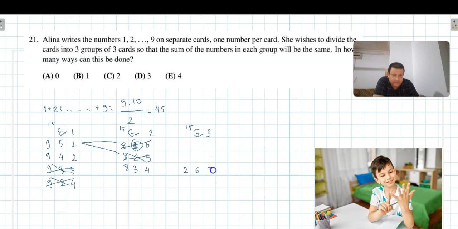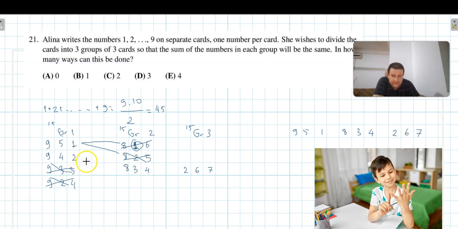Okay, the remaining is going to be 2, 6, 7. So let's write, if group 1 is 9, 5, 1, the second group is going to be 8, 3, 4, and then the third group is going to be 2, 6, 7.